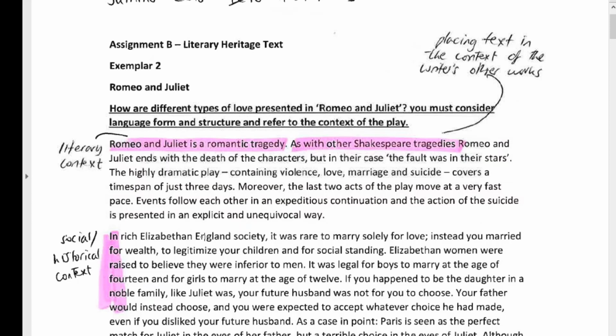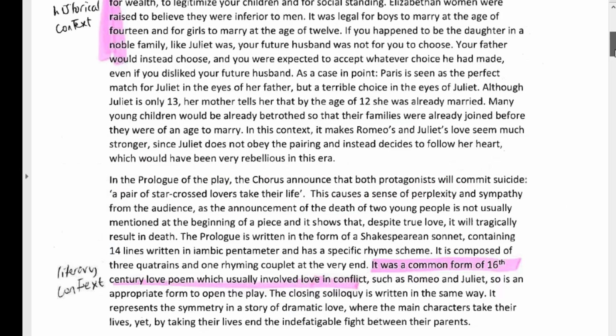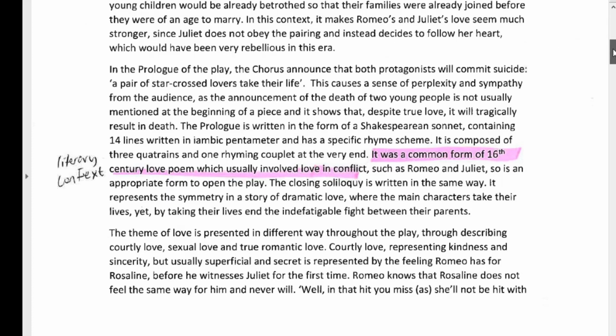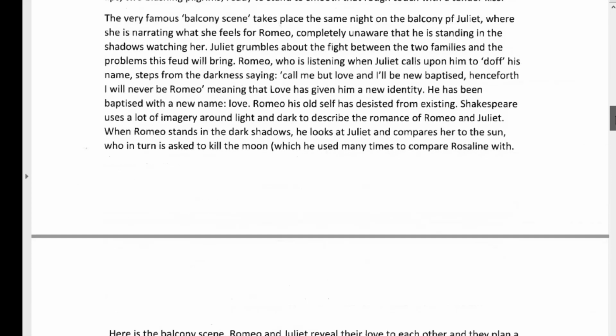In order to do that, it is relevant to talk about marriage conventions. Then there's the comment on the prologue saying that this was a common form of 16th century love poem. Again, that's literary contexting: is it typical to make use of a poem in this way or not?